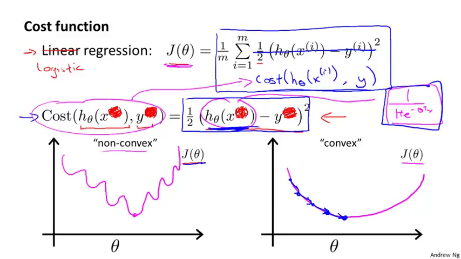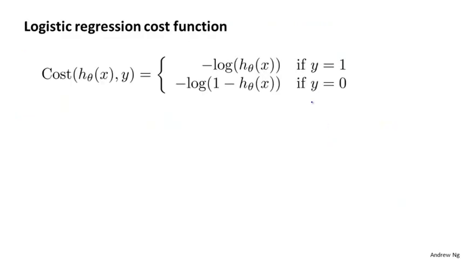So what we'd like to do is to instead come up with a different cost function that is convex, so that we can apply a great algorithm like gradient descent and be guaranteed to find the global minimum. Here's the cost function that we're going to use for logistic regression.